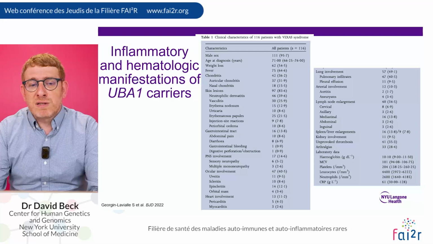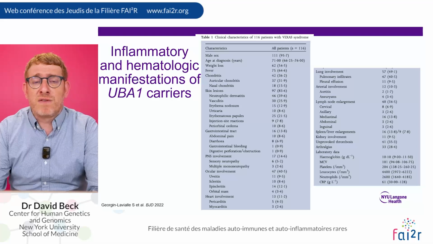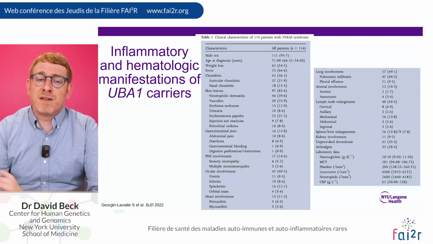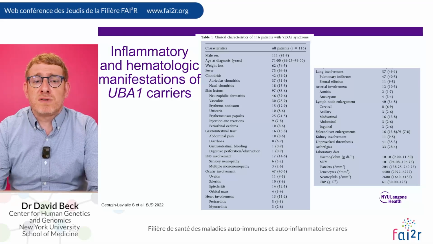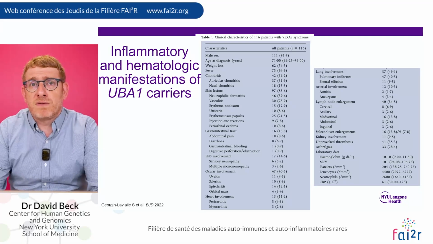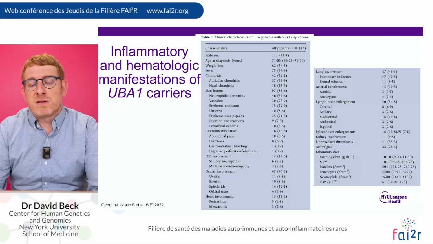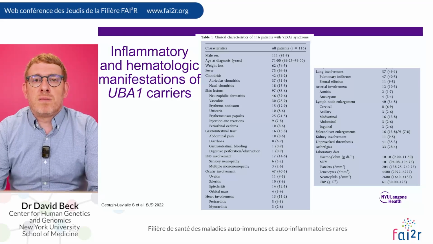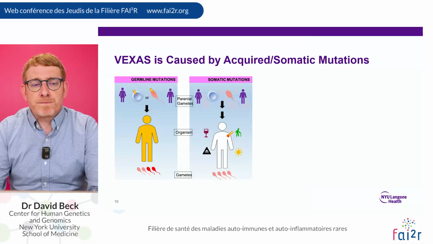And chondritis is present, skin lesions are present, but chondritis is much less common. They're also identifying lots of ocular inflammation. 40% have eye inflammation, lung inflammation, and also lots of cardiac involvement. So just to highlight, if there's suspicion for a clinical diagnosis of Vexas, there's a large spectrum of inflammatory manifestations that can occur, and hematologic manifestations, also thrombocytopenia, anemia, multiple lineages of low blood counts.